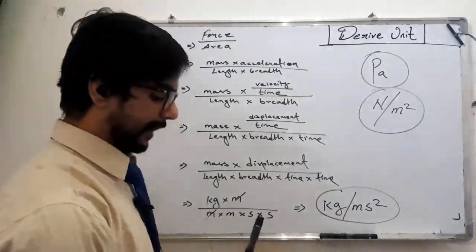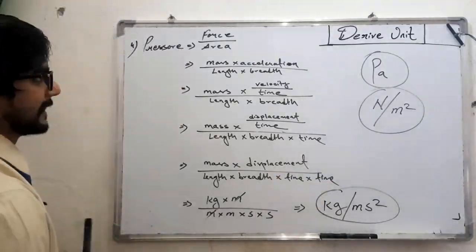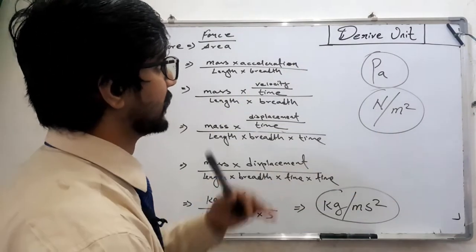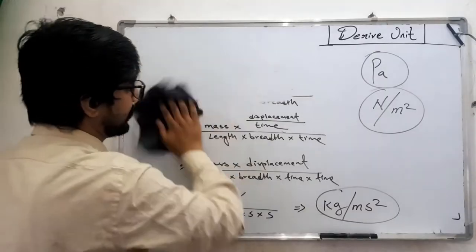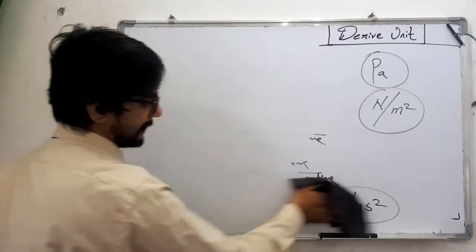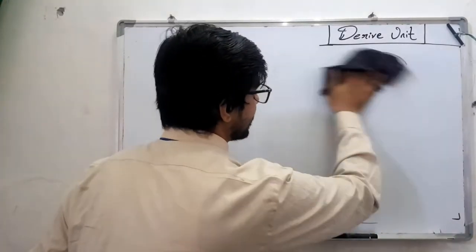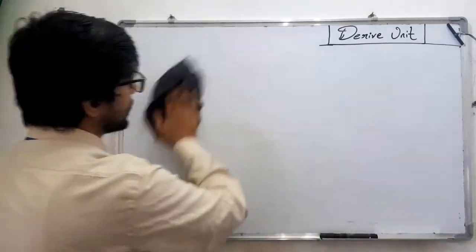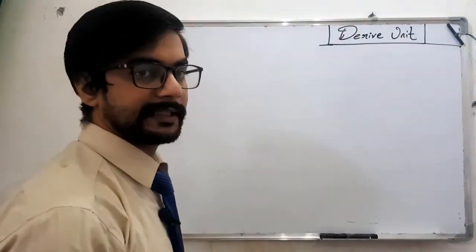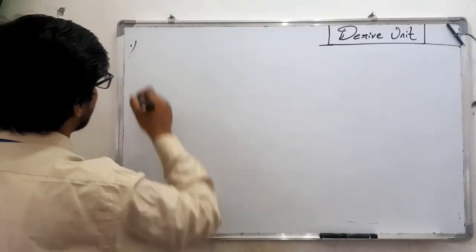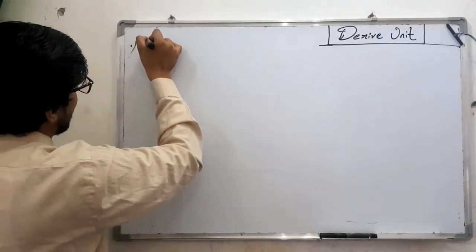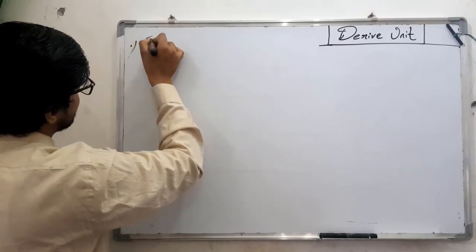So in the same way we can derive more and more units of derived quantities. Let's see one more example so that you can be clear and derive by yourself. So now we will do energy.